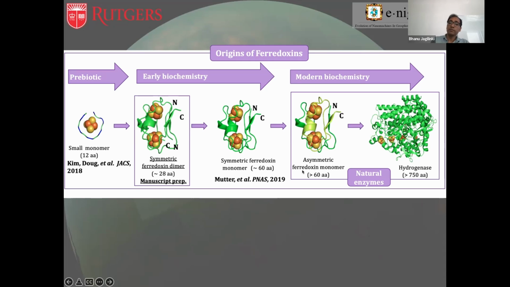And again, with time, because of divergent evolution, each of these half regions evolved independently, and that led to the asymmetric ferredoxin monomer, which is what we see in modern-day living organisms. And these domains are so important that they have even been conserved and integrated into more complex enzymes, as we see on the extreme right in the hydrogenases here.